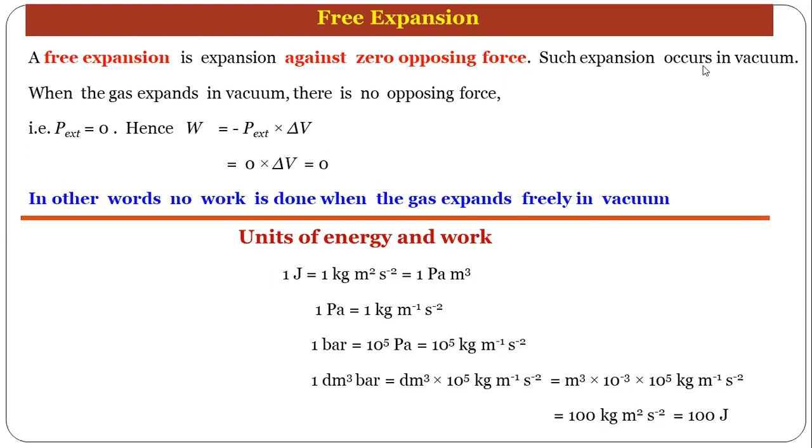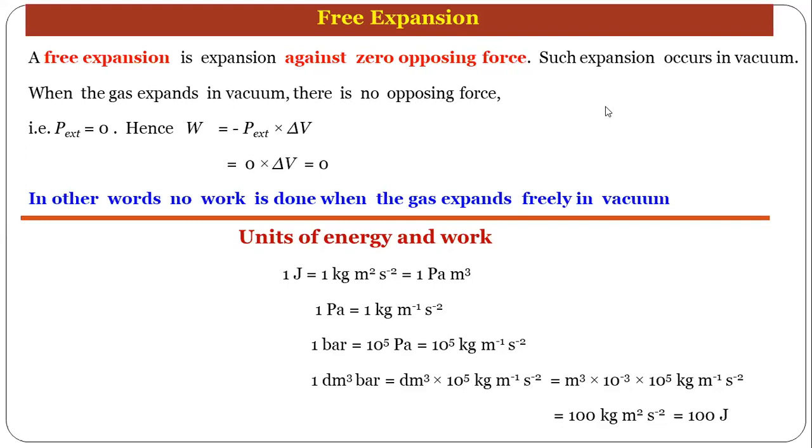Such expansion occurs in vacuum. So when the gas expands in vacuum, there is no opposing force. Remember, this condition is possible only in case of vacuum, because in vacuum there is no atmospheric pressure. In general, if you carry out the reaction on normal surfaces, external pressure will always be there.